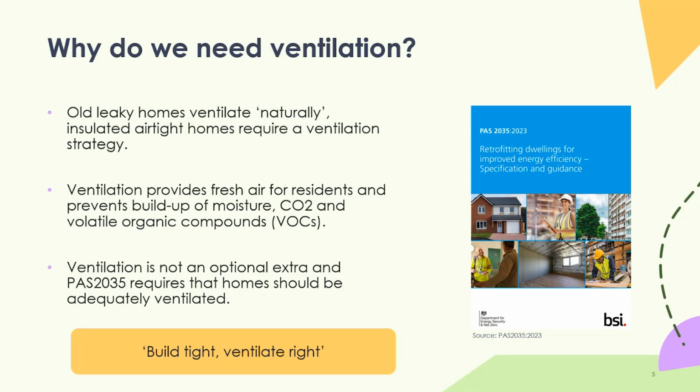And at the bottom there is a retrofit catchphrase: build tight, ventilate right. Basically meaning if you're going to reduce the air leakage of a building, then you have to provide adequate ventilation to maintain the indoor air quality.